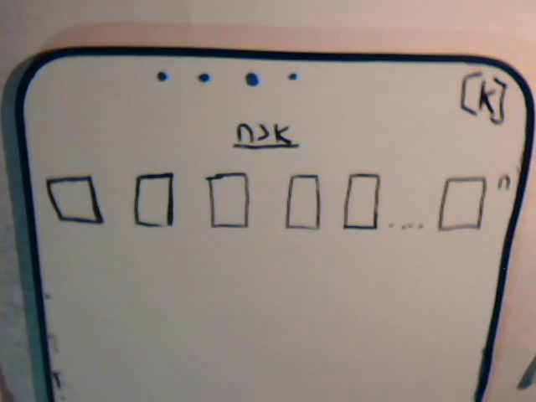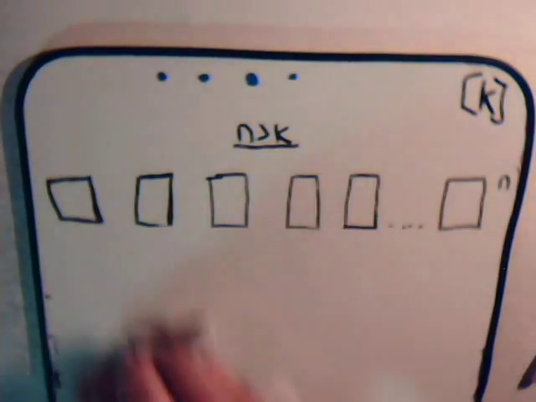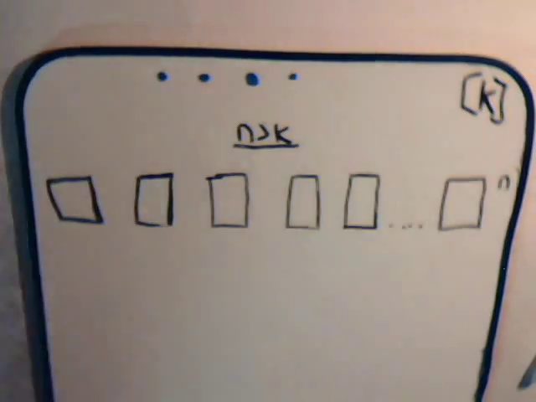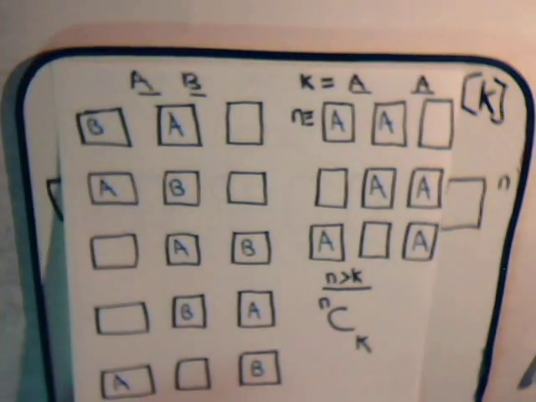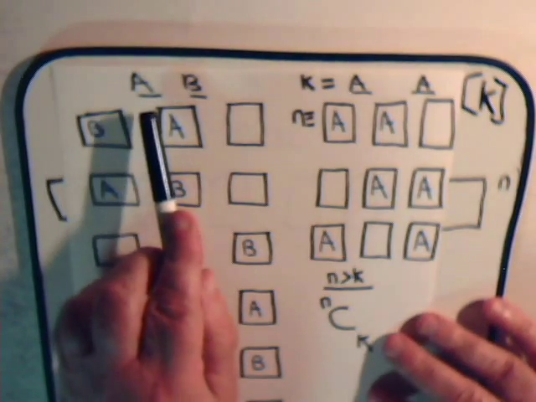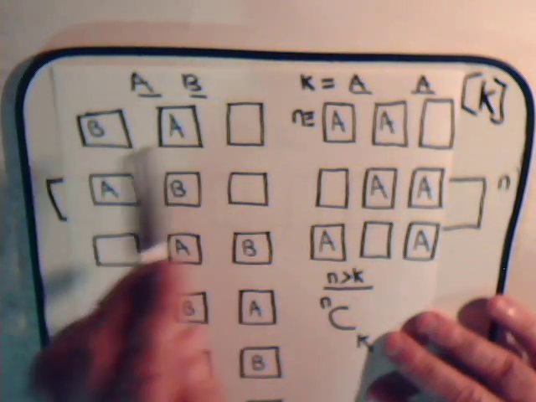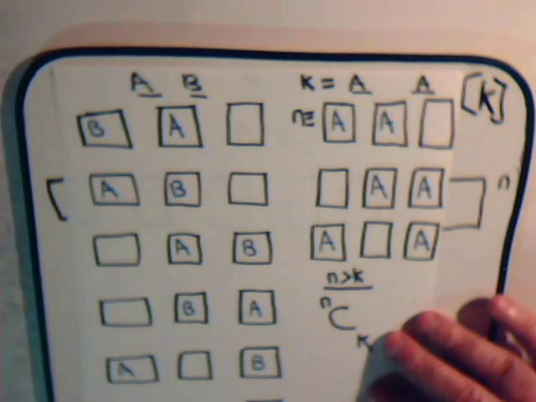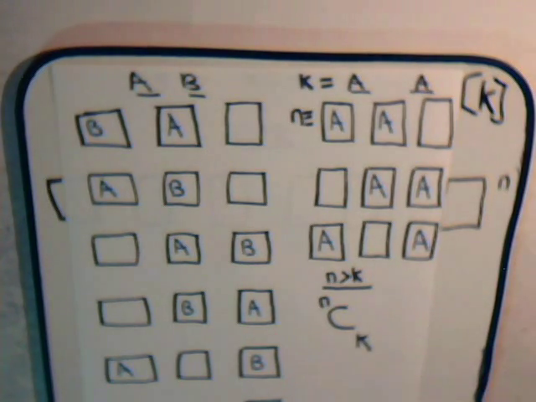To get a grip on that, let's review what we did when we had different objects. Say we have this kind of situation. Here we have, for example, two different objects and three different boxes to place them into. How many ways can we do it? Well, we just figured that out.